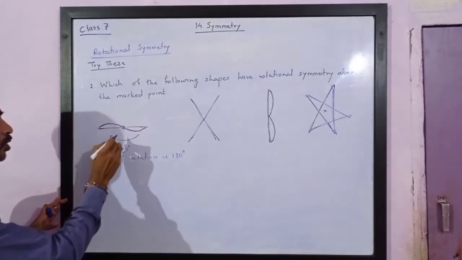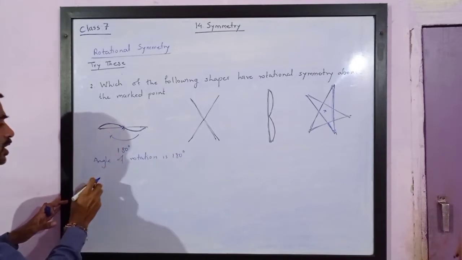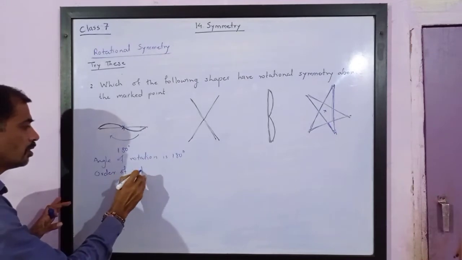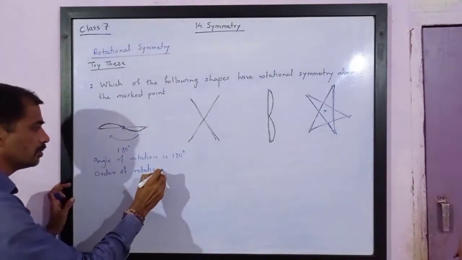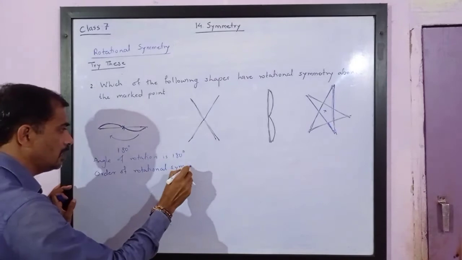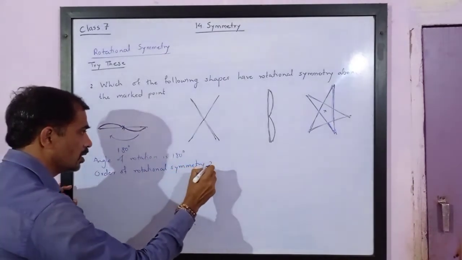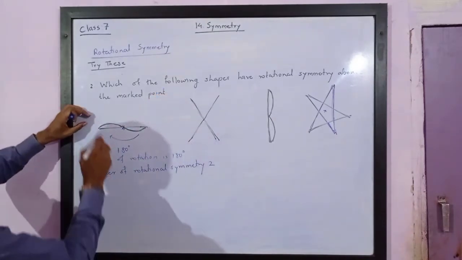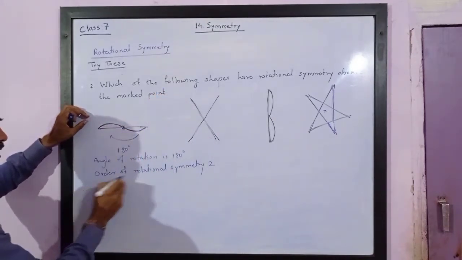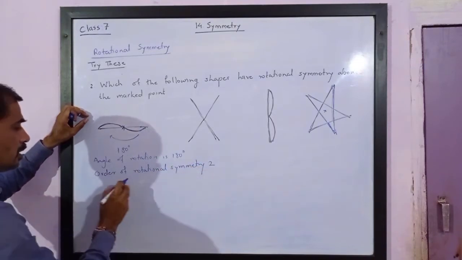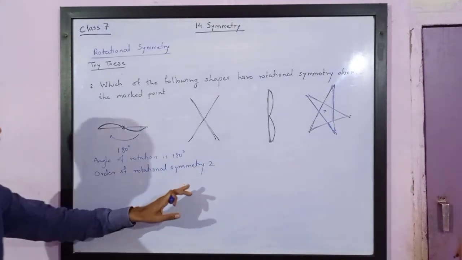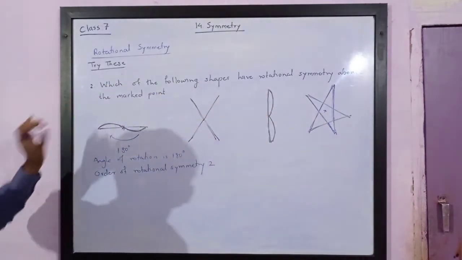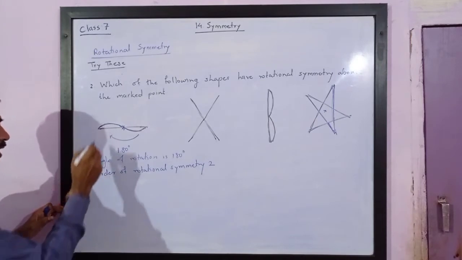So you will notice here order of rotational symmetry is 2, and it does have a rotational symmetry. Please note, it does have a rotational symmetry, since order of rotational symmetry is 2, and we were asked which of the following shapes have rotational symmetry. So this figure does have rotational symmetry.